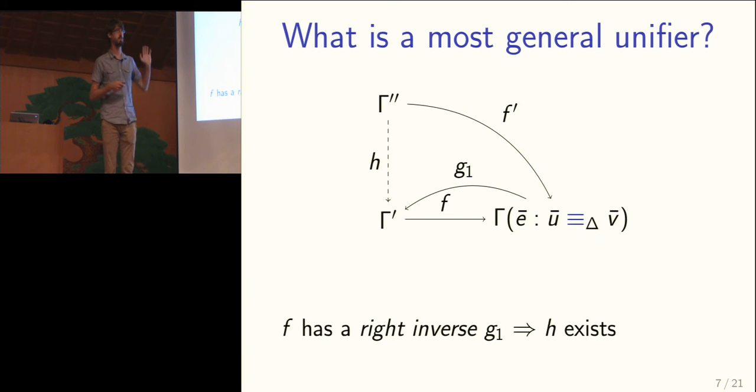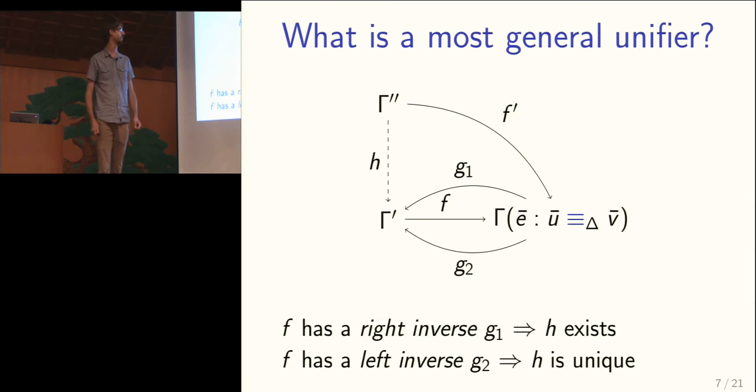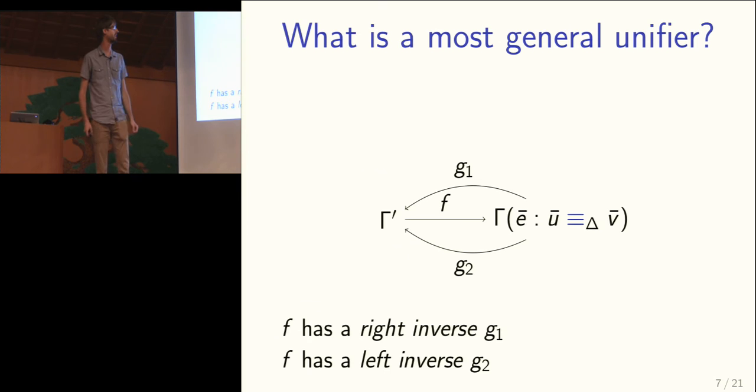This means that we don't need the function h. Usually it's also required that the function h not just exists, but is also unique. For this, we additionally require that the function f has a left inverse g2. This may be the same as g1, but doesn't have to be. And so if we have this g1 and g2, we can actually forget about all the rest, and we end up with a function f which has a left and a right inverse.